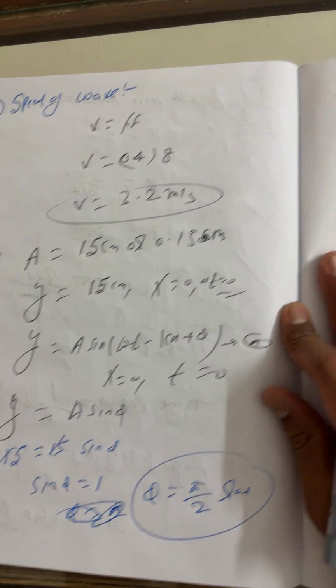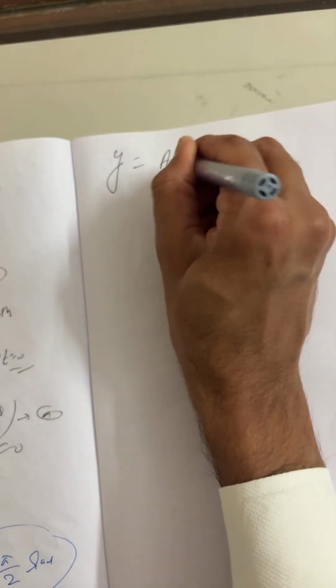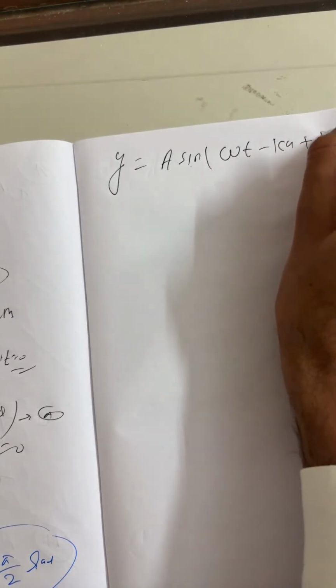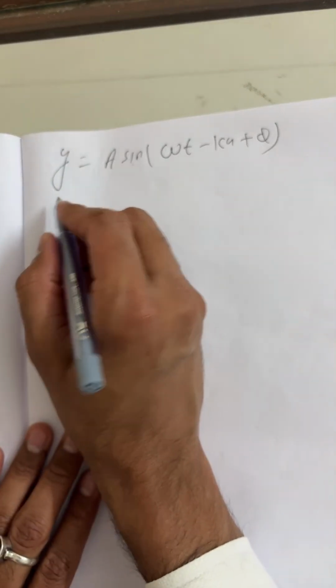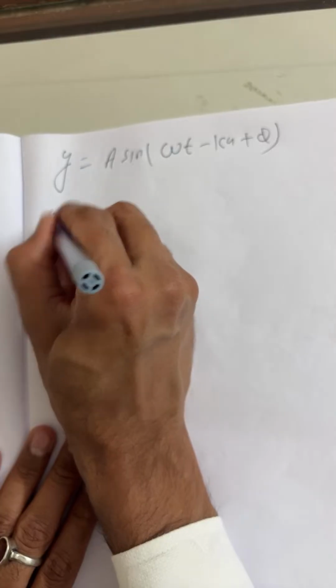So finally I am going to write the expression of the traveling wave. y is equal to a sine of omega t minus kx plus phi. A I already know. Now I will write in terms of centimeter only, since this is the unit.